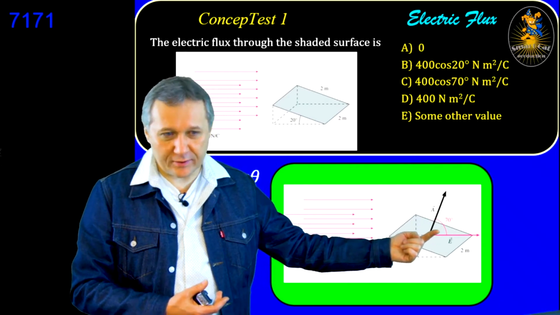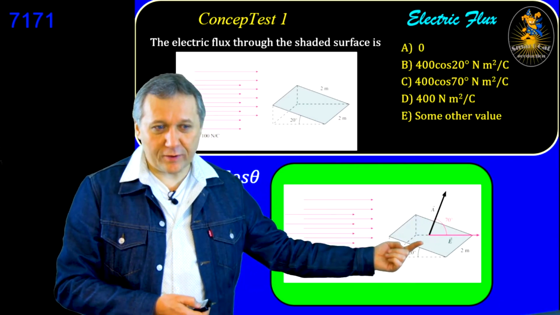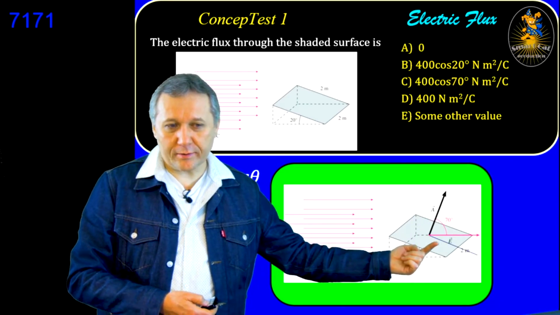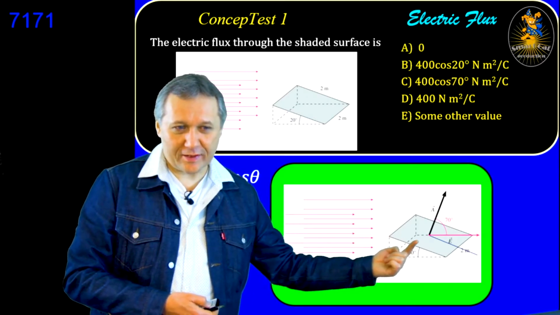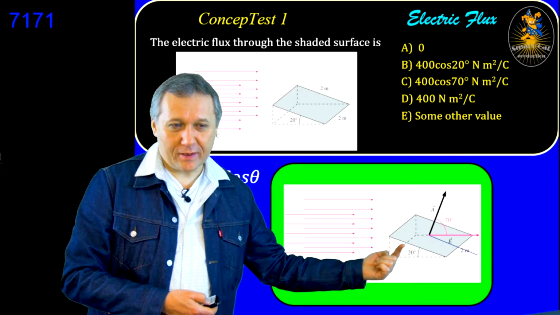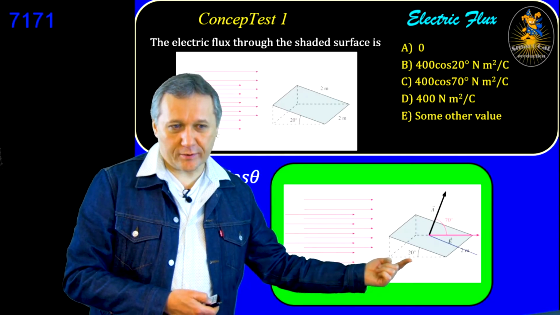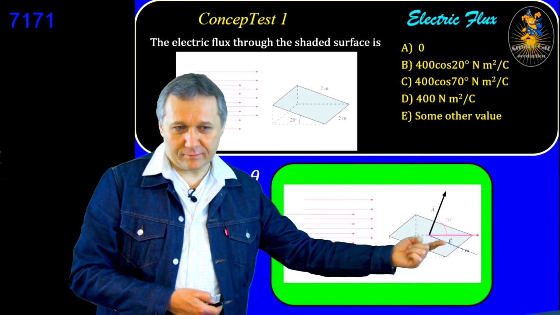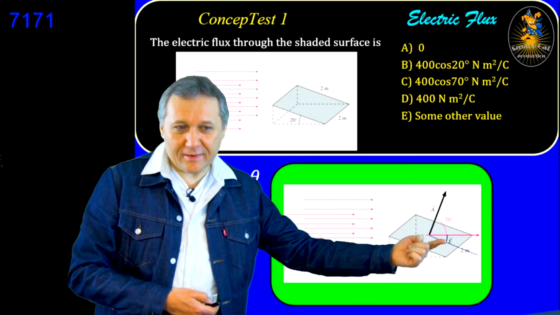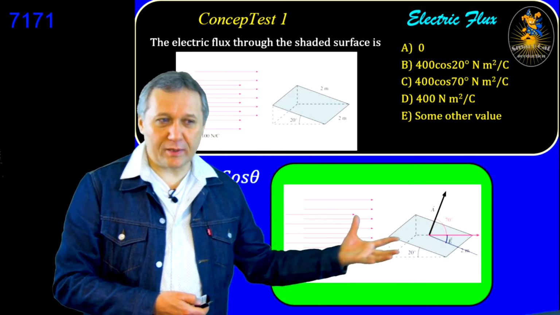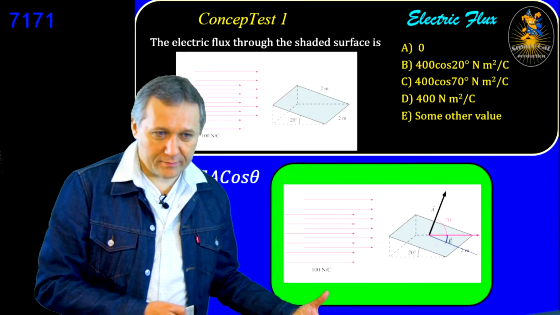Why is it 70 degrees? Because if I draw an auxiliary line which lies in this surface, this line is parallel to that line. And as a result, this angle of 20 degrees and this angle are the same. So this is 20 degrees. And this angle with that angle, they complement each other to 90 degrees.